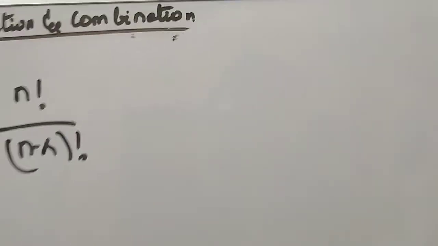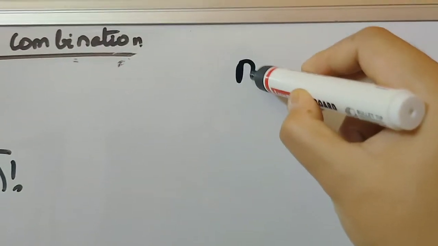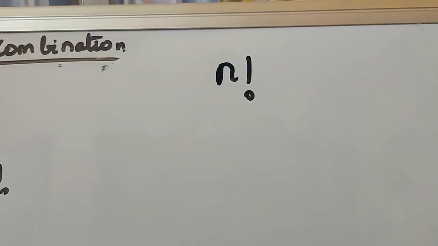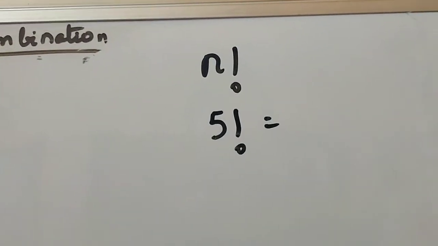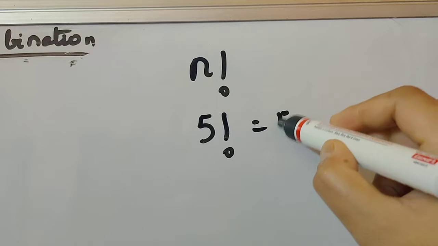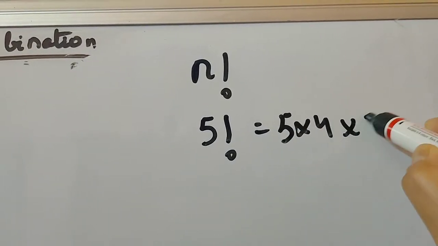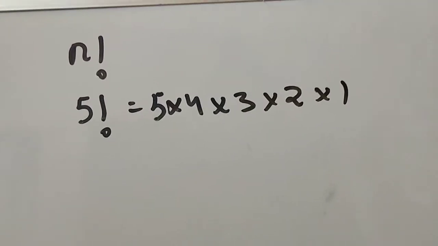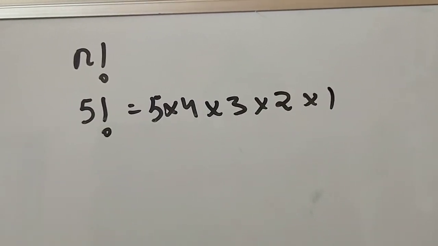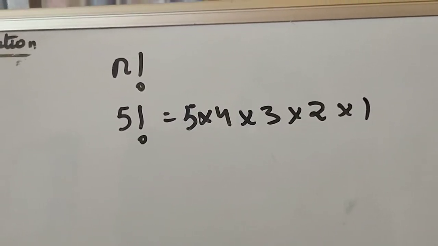Now you see n factorial. Say suppose 5 factorial. How you write it is 5 into 4 into 3 into 2 into 1, till 1. Now what is the formula for n factorial?